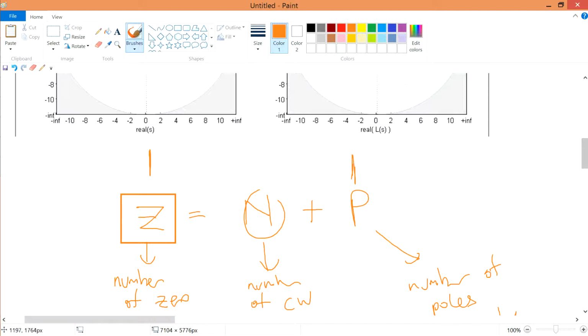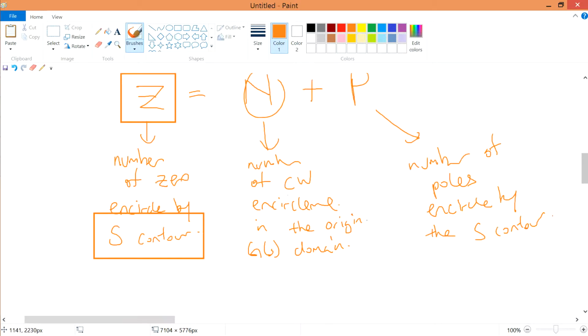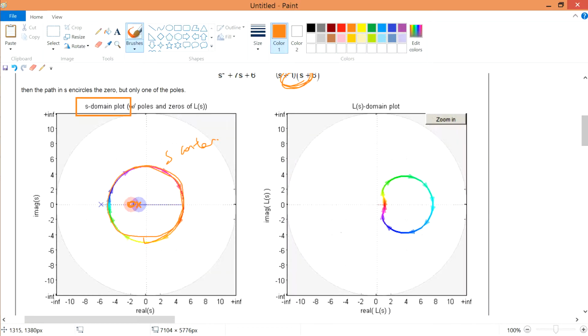Correct? And this means that N is simply 0. N itself is the number of clockwise encirclements of the origin of the GS domain. The GS domain is the transfer function domain, which is this one, and there is no encirclement of the origin. It doesn't do that, right? As you can see, it's actually like that.